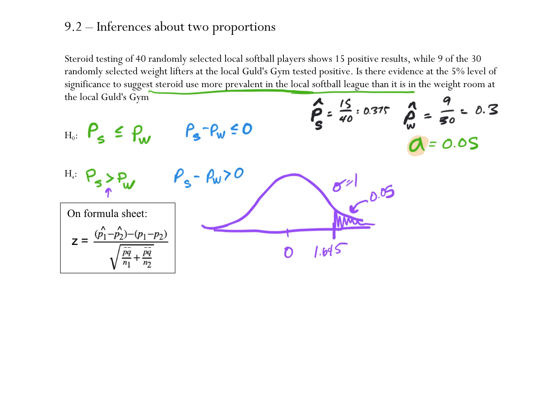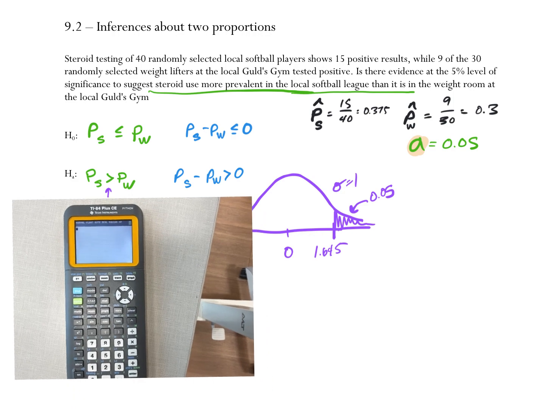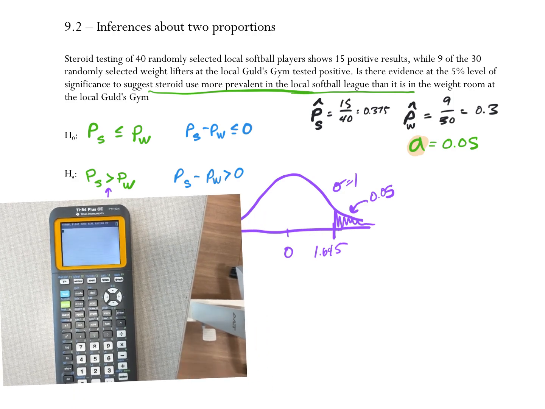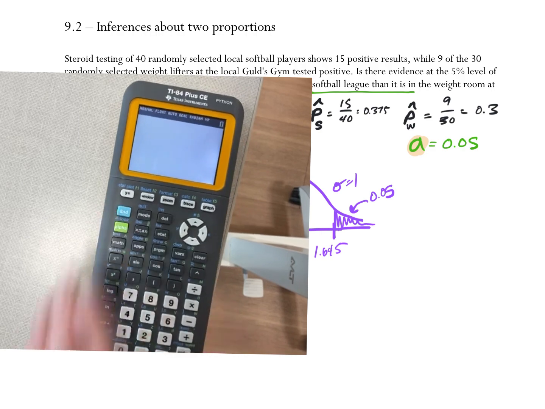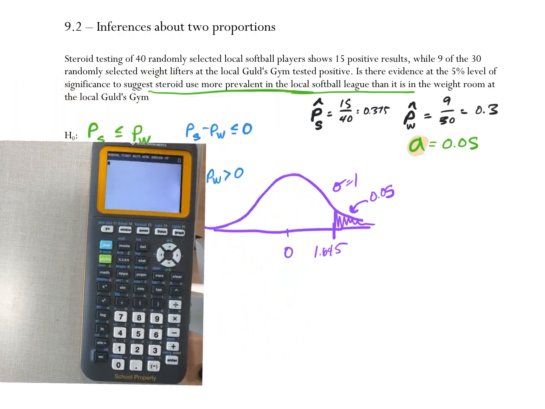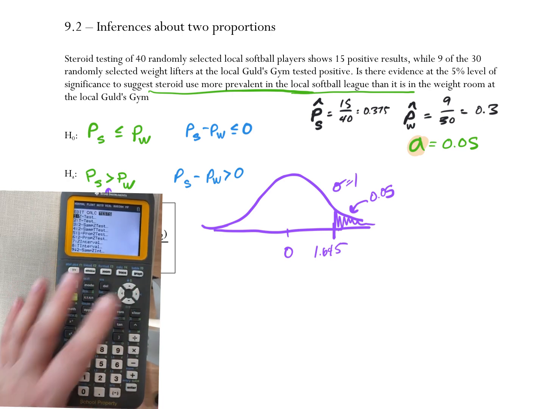All right, so to come up with our actual test statistic, our Z statistic, and our p-value, you're going to go into your calculator. So I'm covering everything up here. You're going to hit stat, arrow over to tests.